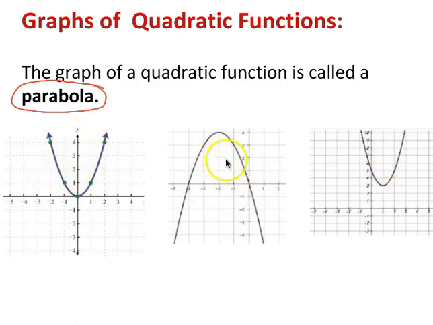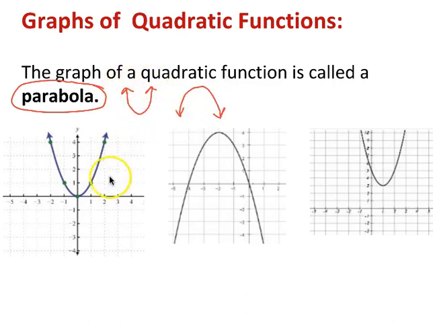So each of these graphs below is a graph of a quadratic function. There's 3 different quadratic functions that were graphed. Each time we graph a quadratic function, we're going to get this characteristic U shape. And as you're looking below, you can see that sometimes that U shape opens up and sometimes it opens down.